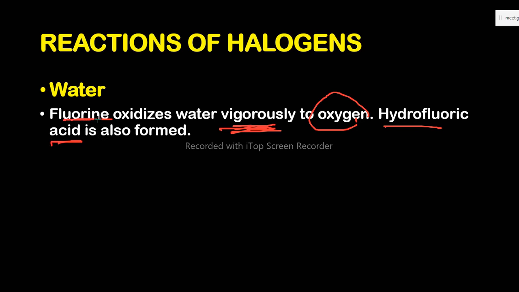Whereas other members, we are going to see how they react. So this is fluorine, a gas, reacting with water. You can write the equation with me. The water is a liquid.